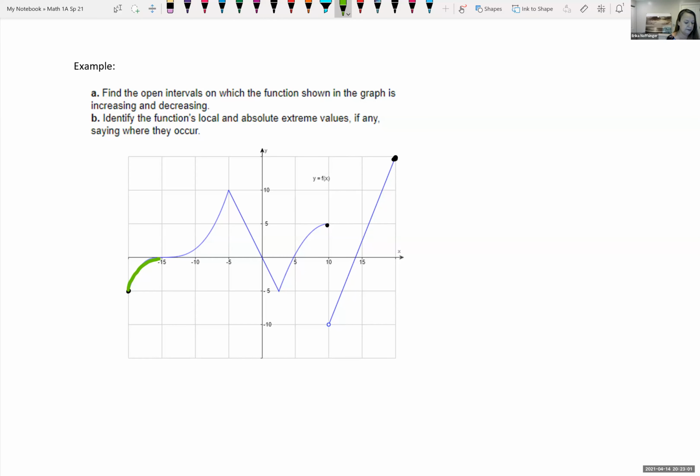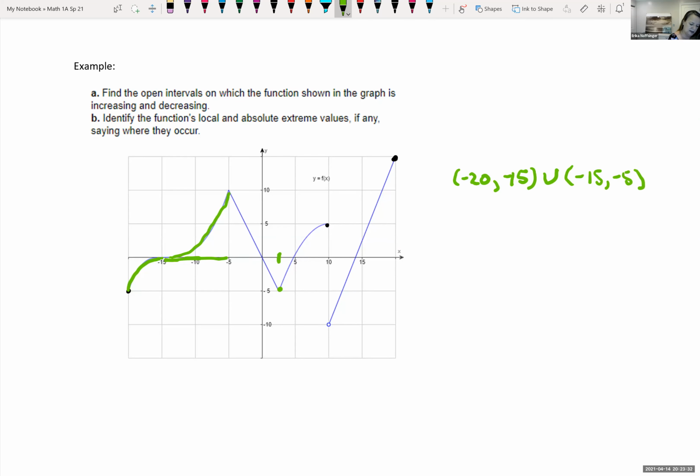So this is negative 20. We hit negative 15. Union. So again, we're going up. So these are my x values, negative 15 to negative 5. And then I start to go up again.